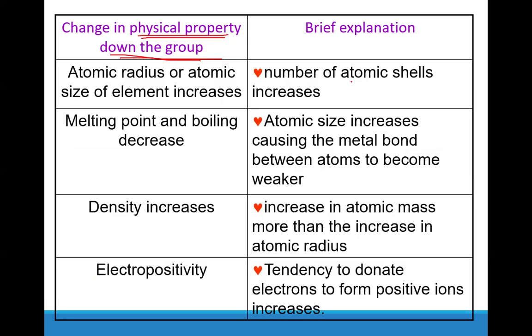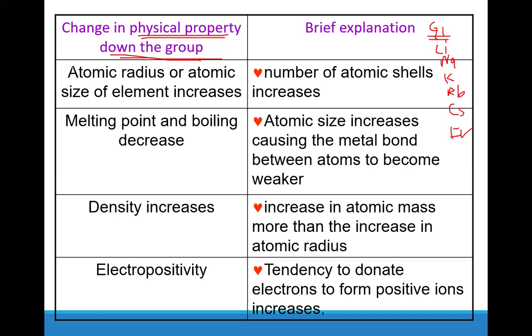So if you just list all of the elements, lithium, sodium, potassium, rubidium, cesium, and francium, right? So these are the group one metals. If you move down the group, let's talk about how their physical properties vary.